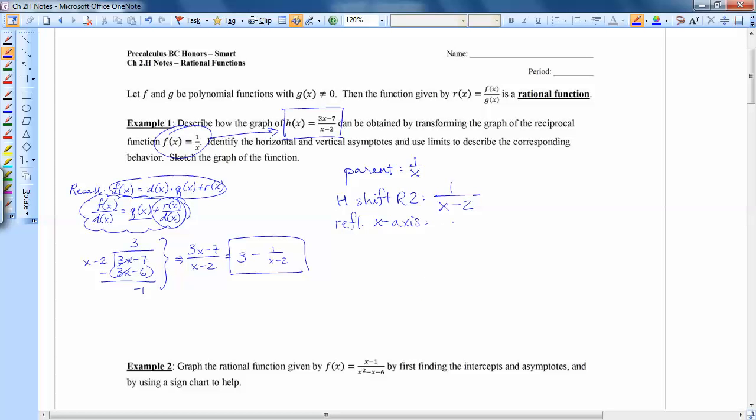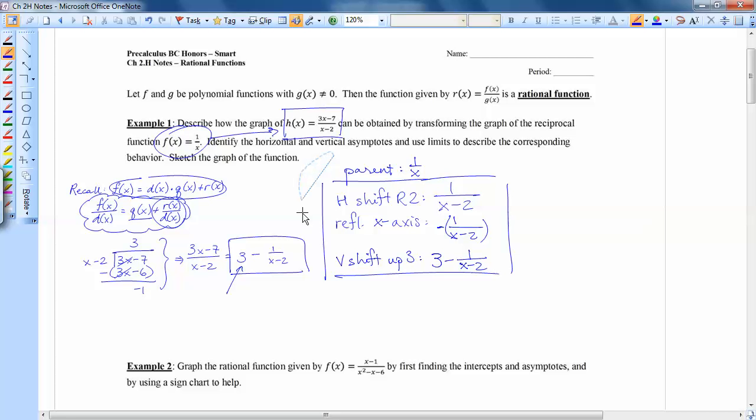That changes the whole y. So now it's going to be negative 1 over x minus 2, where the negative's in front of the entire thing. And then I've got to add 3 to the whole thing. So that's a vertical shift up 3. And so now I end up with 3 minus what I had before. 3 plus what I had before, really.